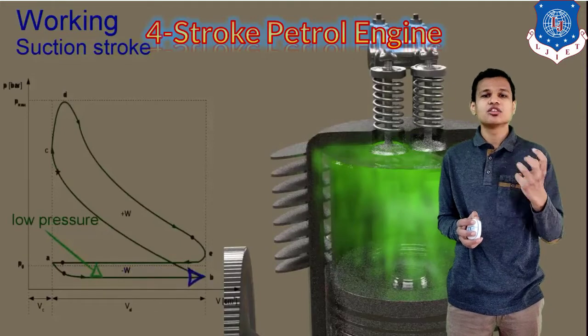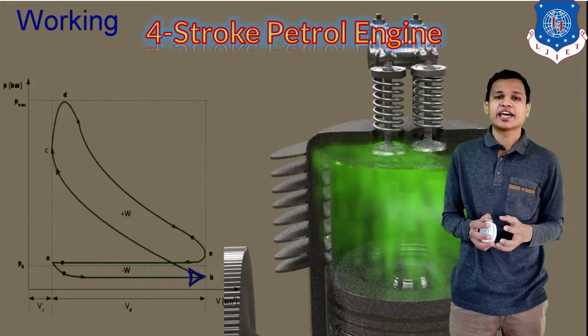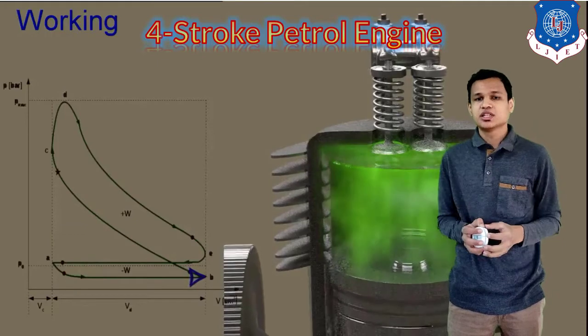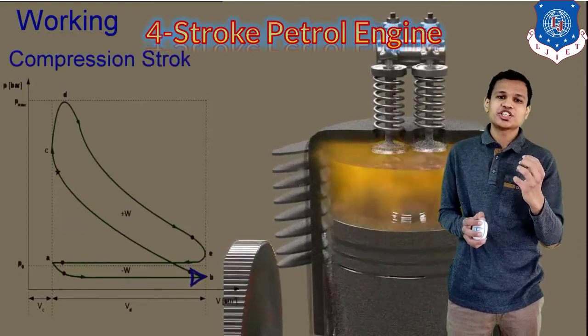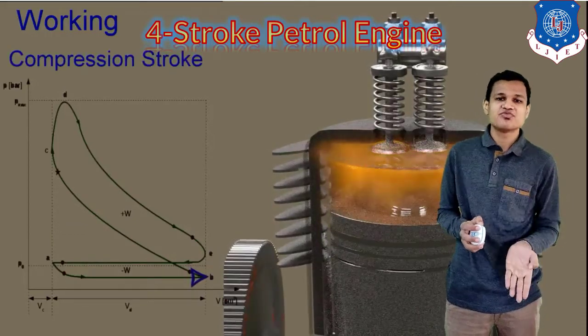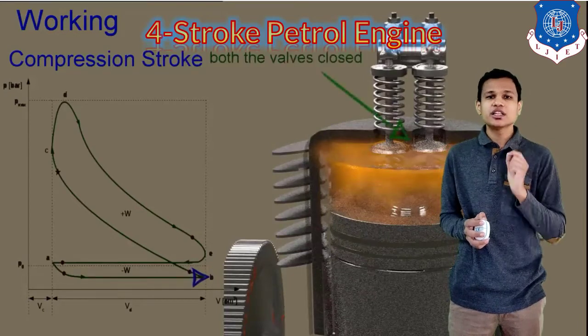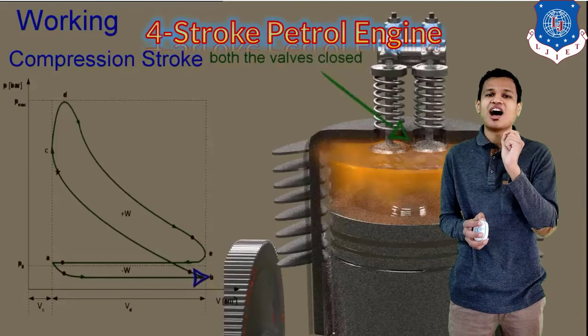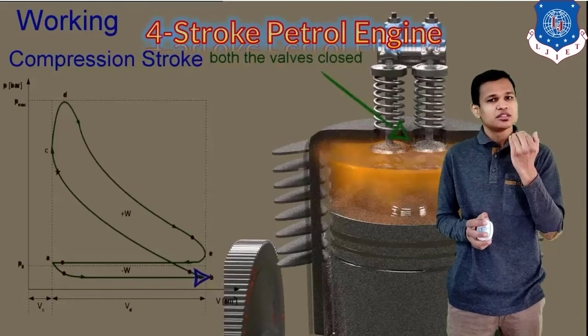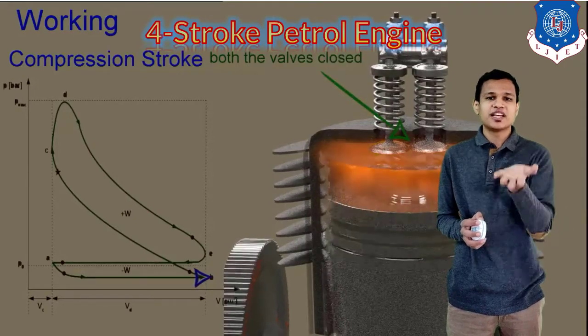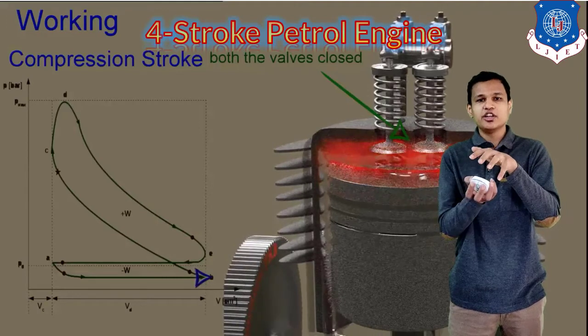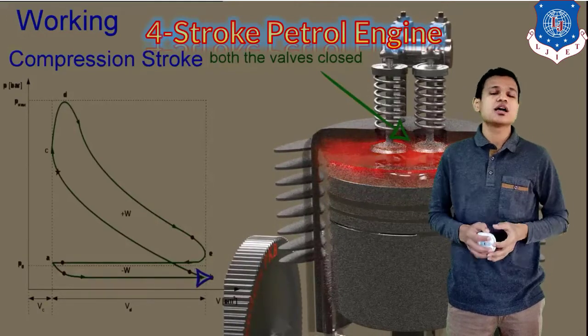You can also see an actual PV diagram of the engine. After completion of the suction stroke, the charge will be compressed during the compression stroke. During the compression stroke, both valves remain closed. Only then can you compress the charge, right? Reduce the volume, and you will increase the pressure.